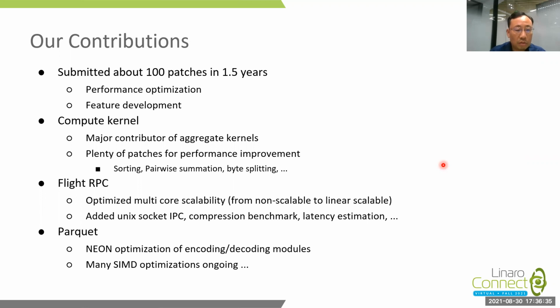This is the most important patch we committed to FlightRPC. We also added many other features, like Unix socket RPC support for local RPC, and optimized the compression, compression benchmarks, latency estimations, and many other features and optimizations.